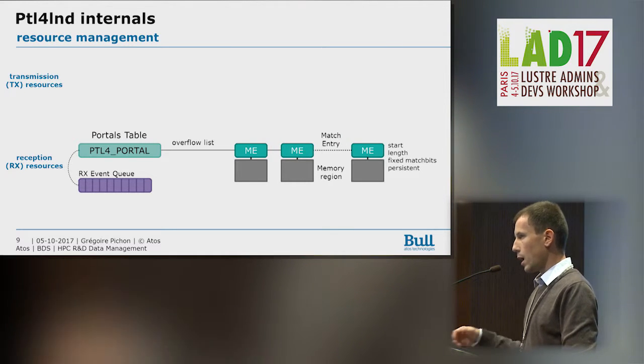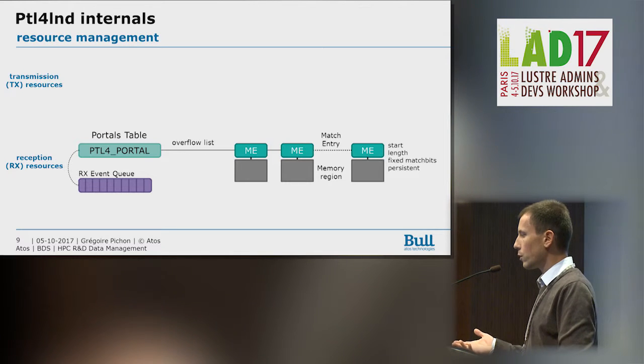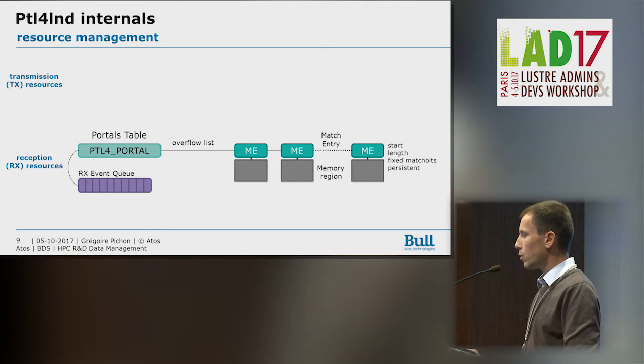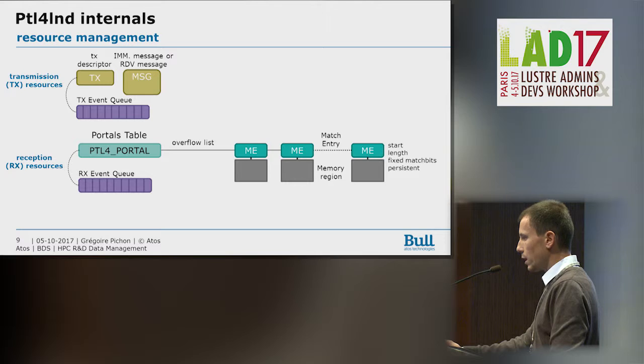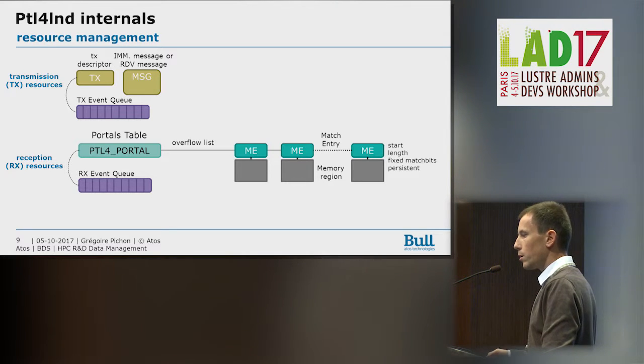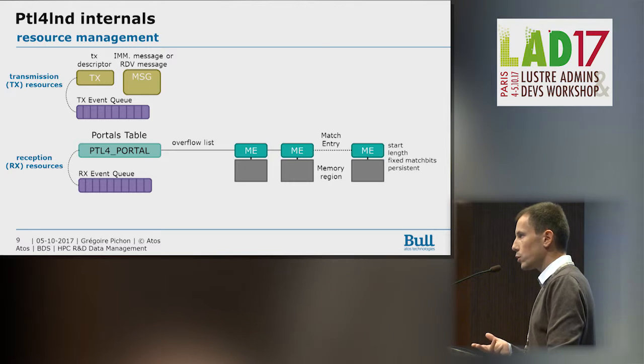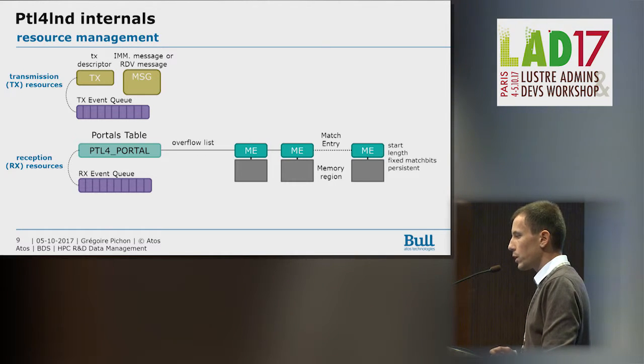And on the overflow list, we have several persistent match entries with the fixed match bit. So this allows us to receive dynamic transfer resource from other peers on the net, on the fabric.